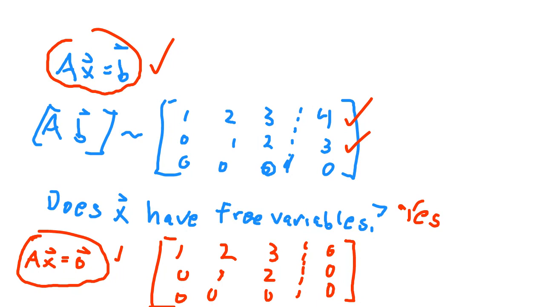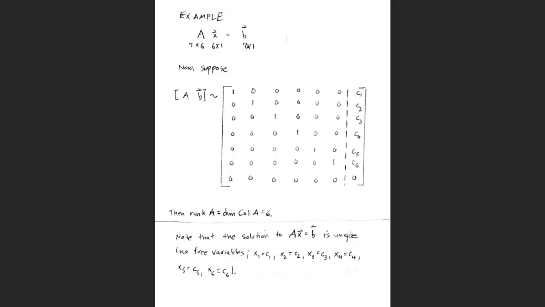I just made up an easy example. A is already in reduced echelon form, but you can see the matrix A is a 7 by 6 matrix.